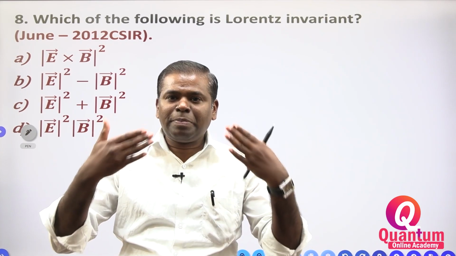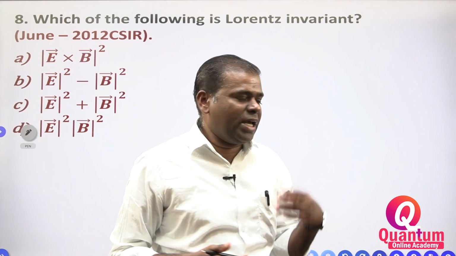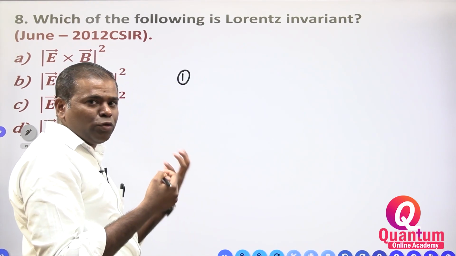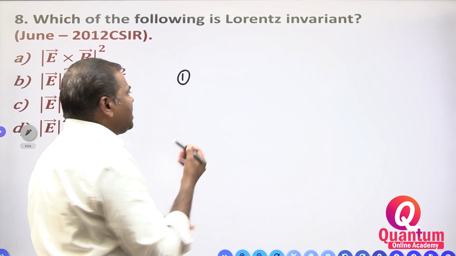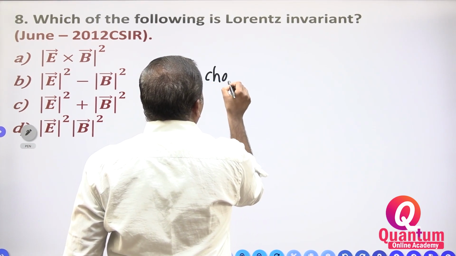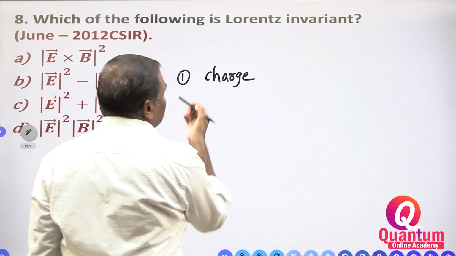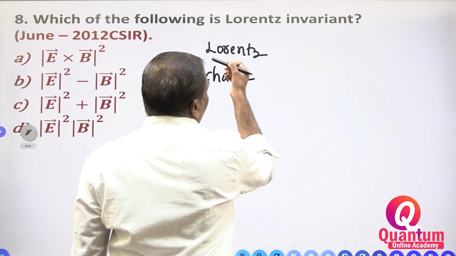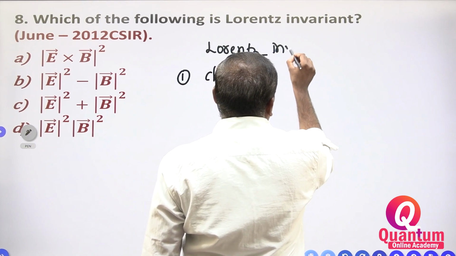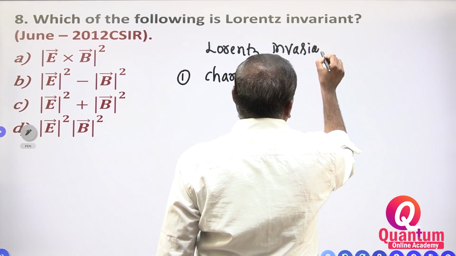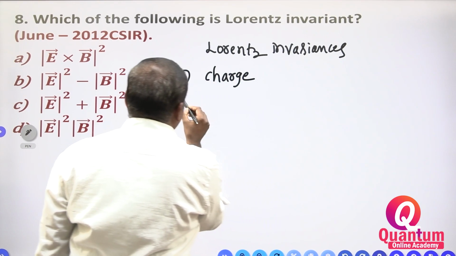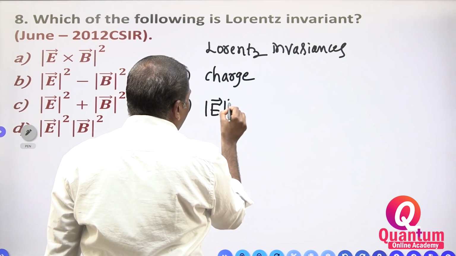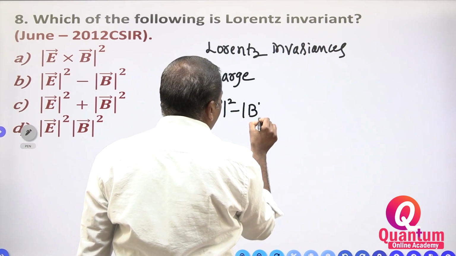How do we express the invariants? Some formulas are there. I will give at least 5 invariants. Charge is an invariant under the Lorentz transformation. Number 2 is the electric field square minus the magnetic field square.